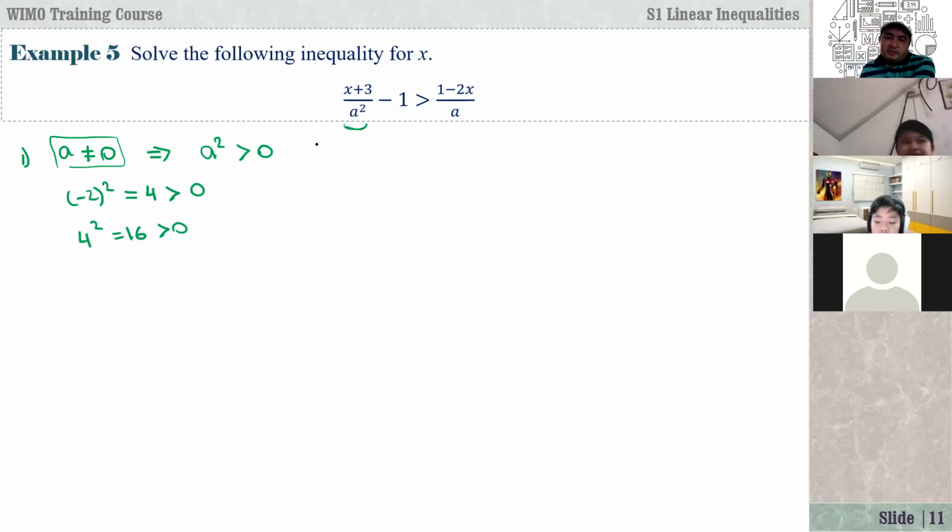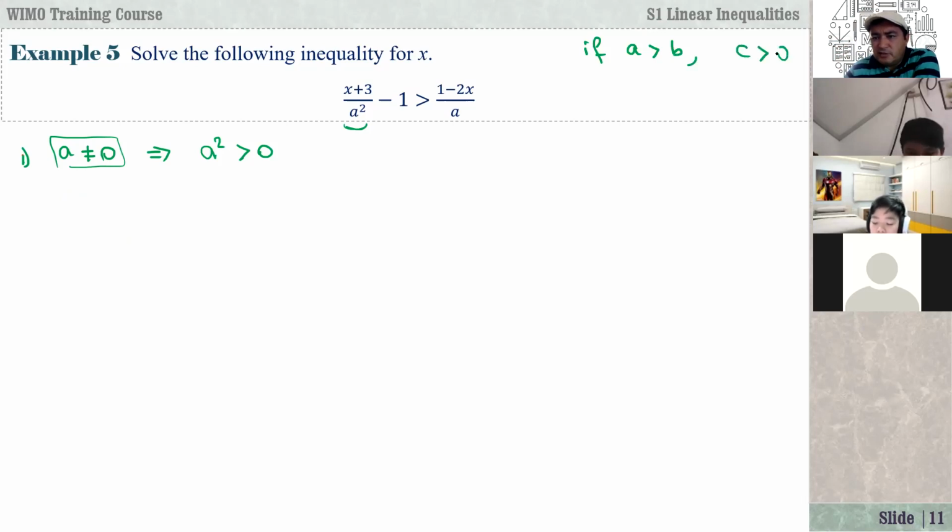And again, why am I saying this? I am going to use that property of inequalities. If you remember, if a is greater than b and c is positive, and you multiply both sides by c, a times c, the inequality sign does not change, b times c. So using this property, how about if I multiply both sides by a squared, because I know that a squared is a positive number, since a is not equal to 0.